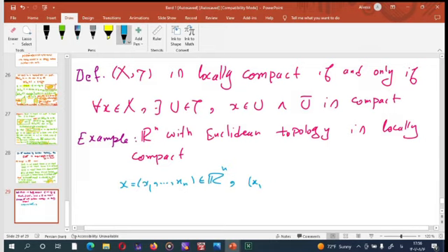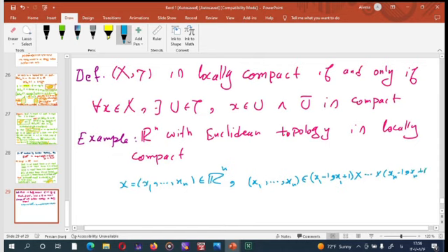this element belongs to this open subset of Rn, this multiplied by xn minus 1, xn plus 1.